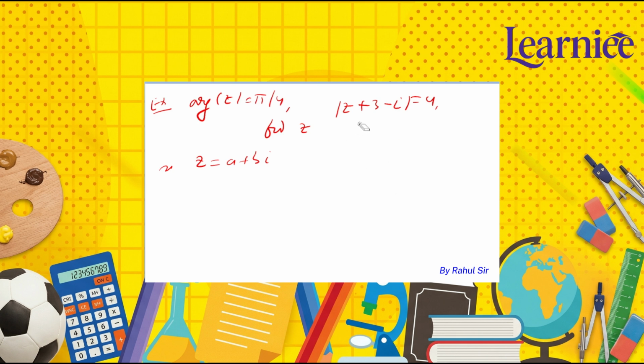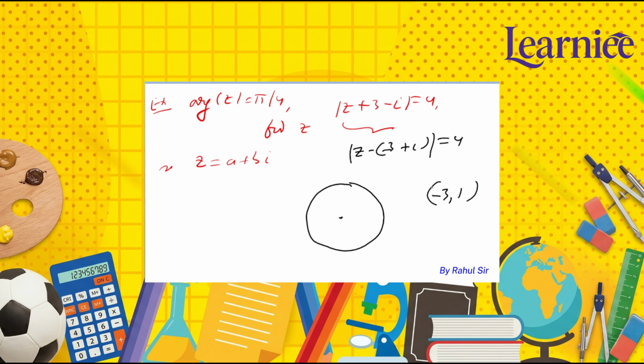So let's write this thing. It is the modulus of z minus (minus 3 plus i) is equal to 4, that means there is a circle with center at minus 3 comma 1.